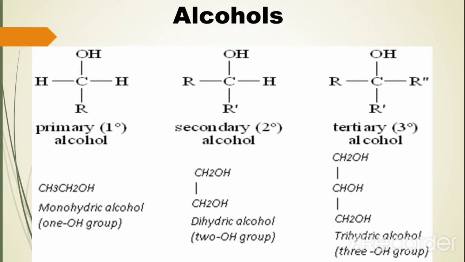When the compound contains two hydroxyl groups, we will name it dihydric alcohol. And when the compound has three hydroxyl groups, we will call it trihydric alcohol. So these are in terms of hydroxyl groups in the compound.